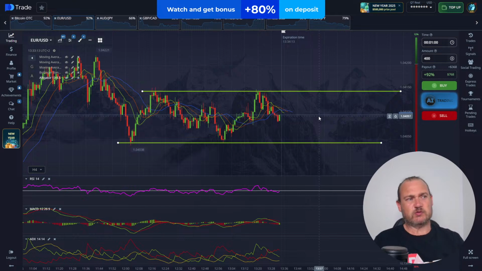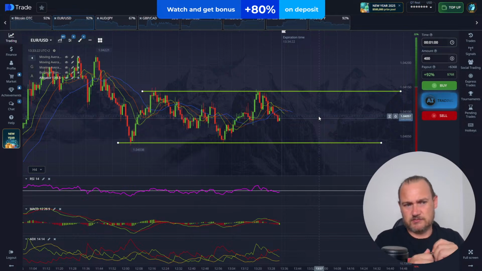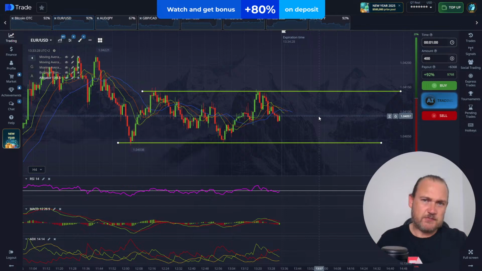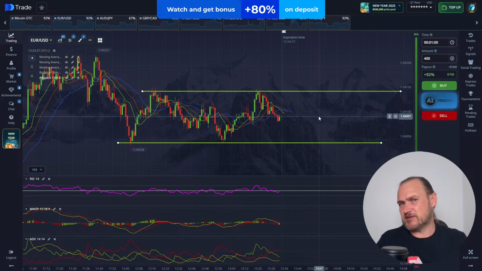I've seen a lot of people try to play the alligator crosses by itself, and it's really not a good idea. Test it for yourself. Go to the charts, open up a spreadsheet, and just backtest a little bit and see how it would go if you just play the crosses, and then look at the different strategies we discussed today.